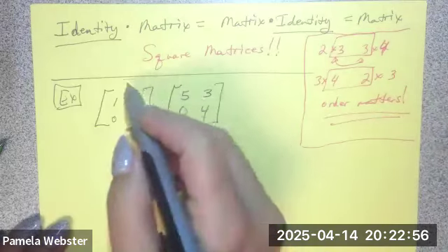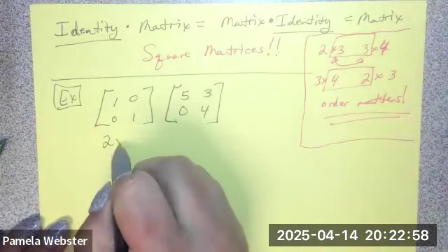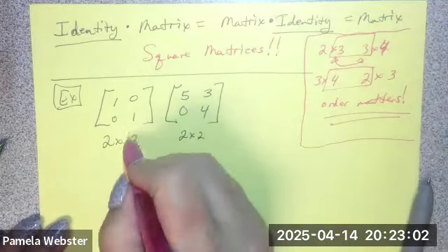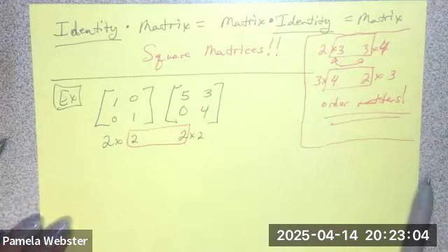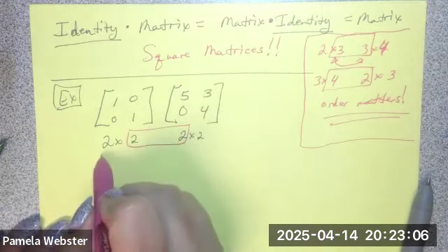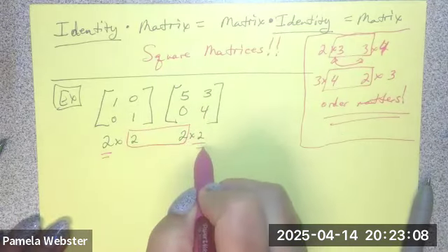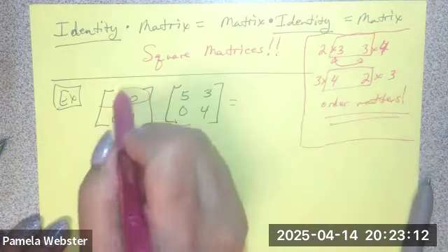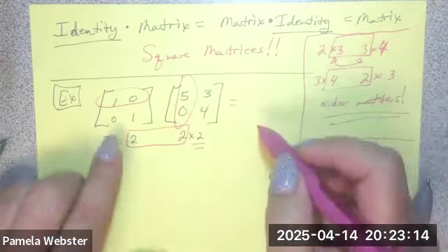So let's see what we got. And by the way, this is a 2 by 2 and this is a 2 by 2. These two middle numbers do match, so I can do this math. Always check first. And my answer is going to be a 2 by 2, right? So let's see if we remember how to do this. We just did it the last video, right?